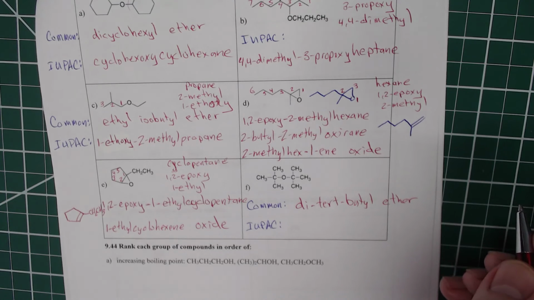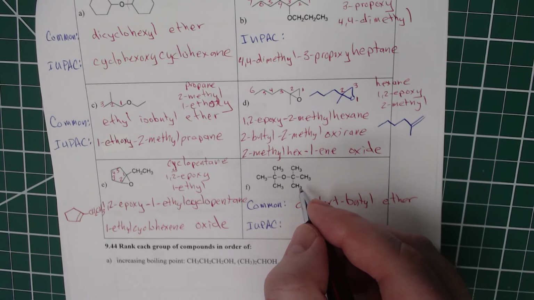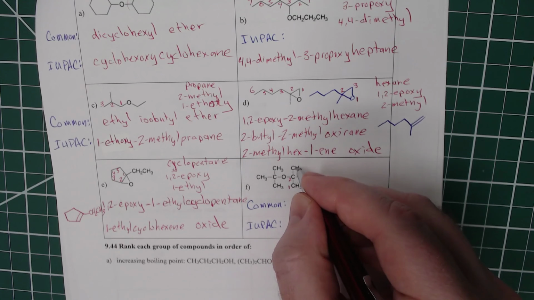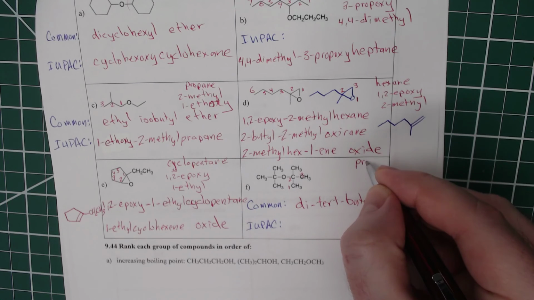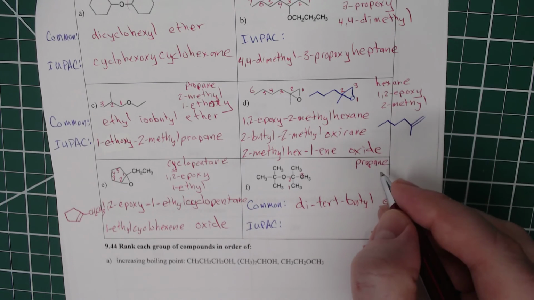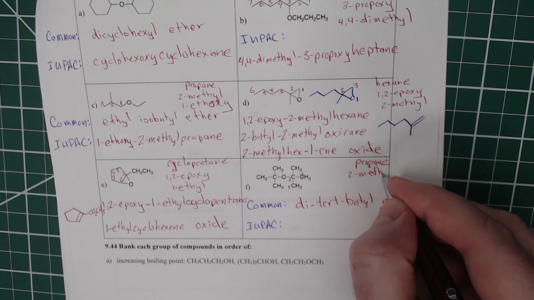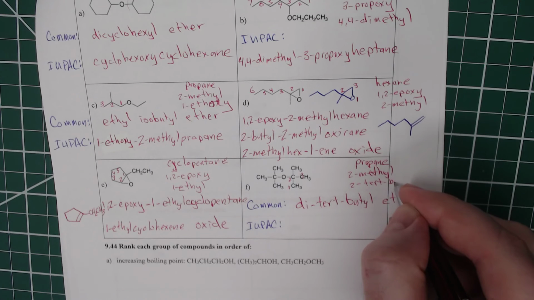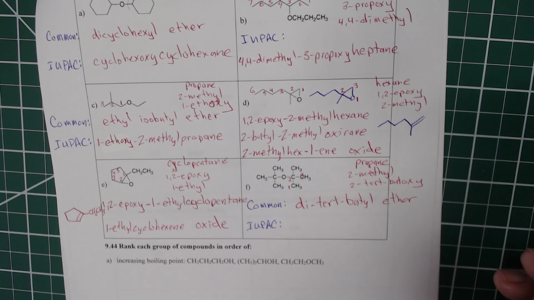And then the IUPAC name, we're going to name one of these as a tert-butoxy group, and then the other one we're going to name as a propane. So 1, 2, 3, and it has a methyl on it. So it's going to be a propane, and we've got a 2-methyl and a 2-tert-butoxy.